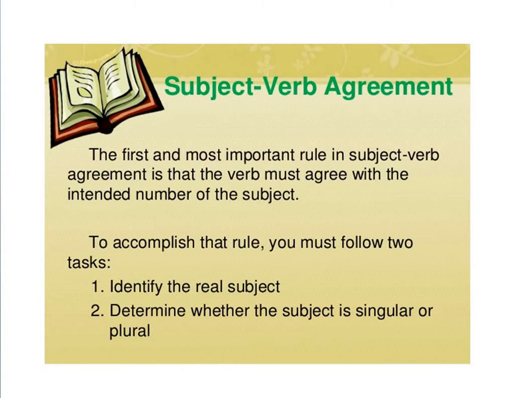So to make sure that the agreement is grammatically correct, first you have to identify where the subject is in the sentence, and then you need to identify whether the subject is singular or plural. Then according to that subject you have to write the verb.